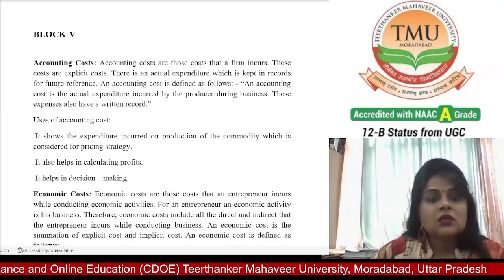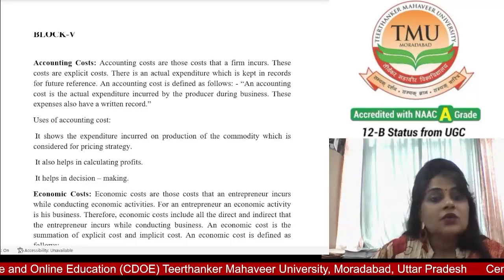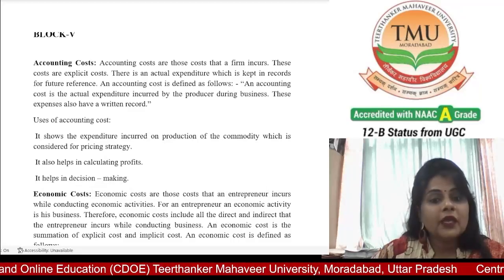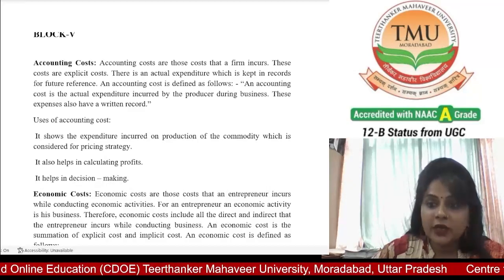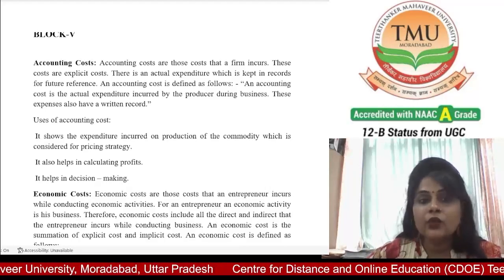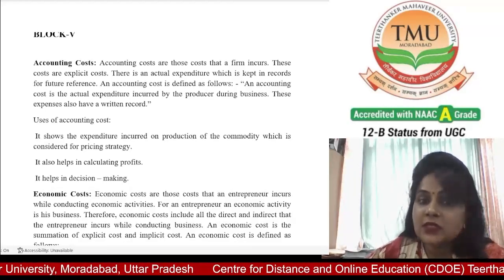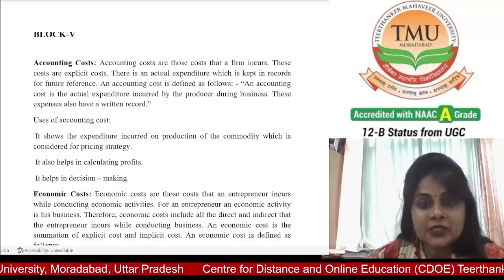Accounting costs are recorded in the business ledger so that they appear in its financial statement. So, accounting costs measure the monetary value of taking an action. They are the explicit costs involved with the business.